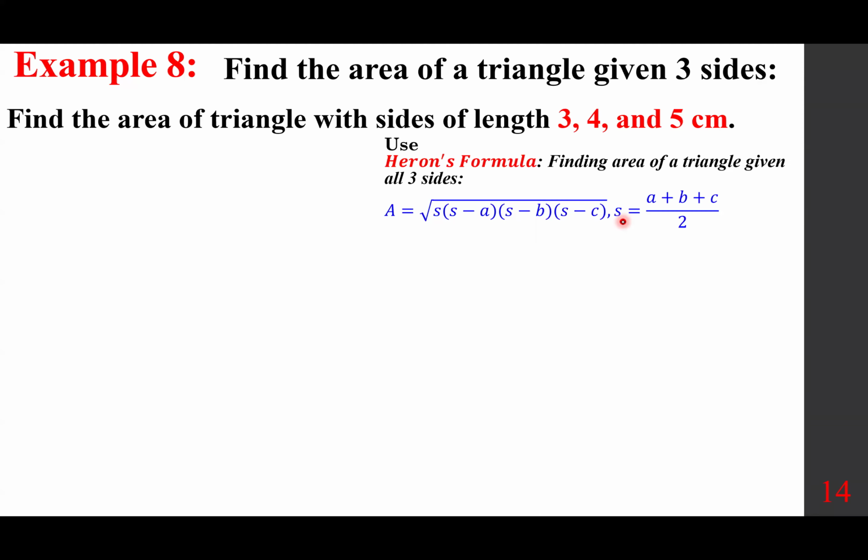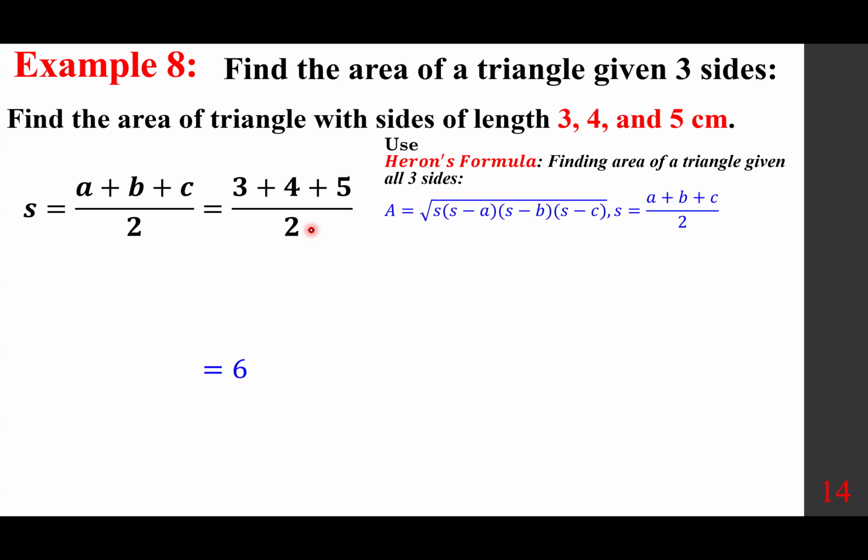That means, if you look at the numerator, it is the perimeter, that's why they call it a semi-perimeter. So half of the perimeter. So add them up, 3 and 4 and 5, and divide by 2. 7 and 5, 12, divided by 2 is 6.